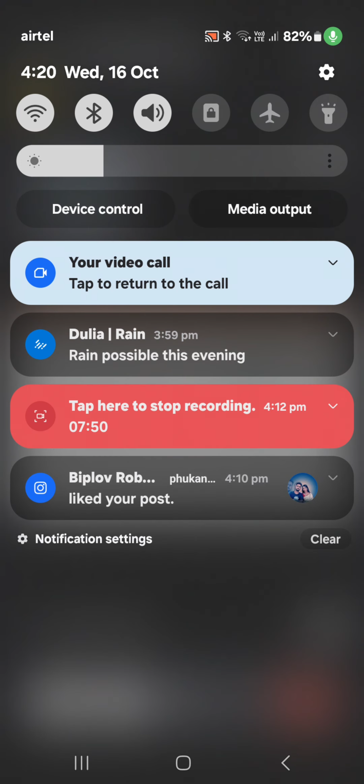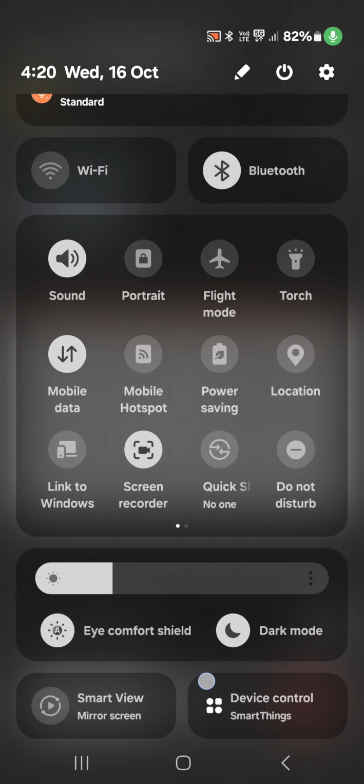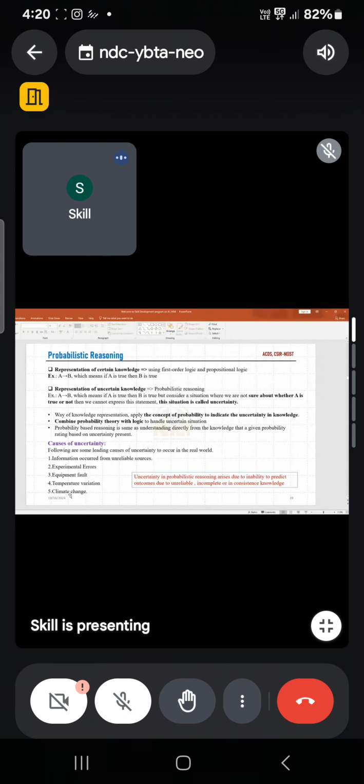So we associate true with 1 and false with 0. Or it might come that the value is in between 0 and 1. That is the uncertainty or confidence that the statement is true. If it is towards 1, then the statement is certainly true. So that also we can consider. Now moving on to probabilistic reasoning.